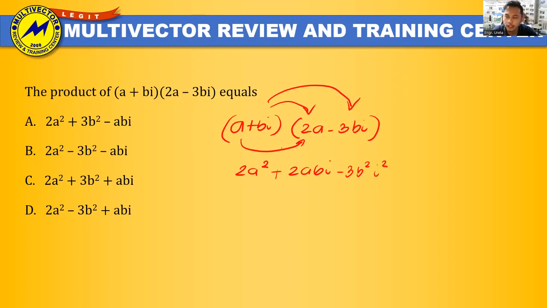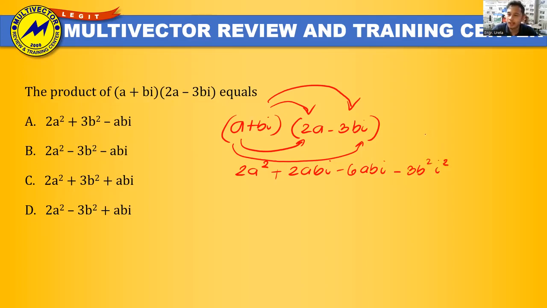Okay, and last, inner, outer pala, no? Sorry. Ang outer natin is ito, plus negative 6ABi, and last, which is actually negative 3B square i square.